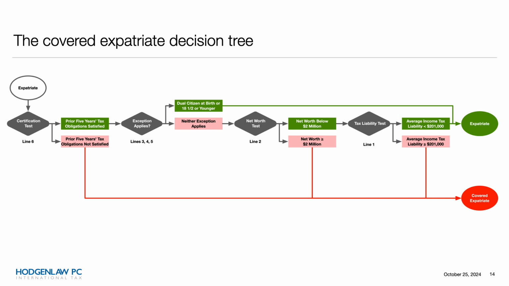Next, we look at the exceptions that might apply and the other tests. So if you are a dual citizen at birth, or you're 18 and a half or younger at the time that you expatriate, then you don't have to worry about the net worth test or the tax liability test.